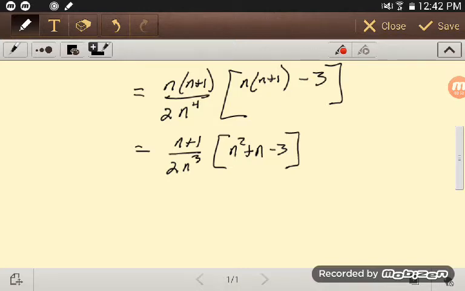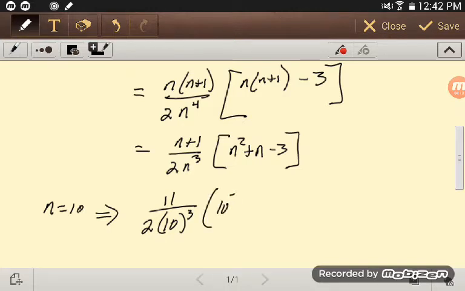Well, at this point, to evaluate it at those numbers, I would probably put it in something like Desmos. What about 10? Let's see. n equals 10. That implies we get 11 over 2 times 10 cubed times 10 squared plus 10 minus 3.